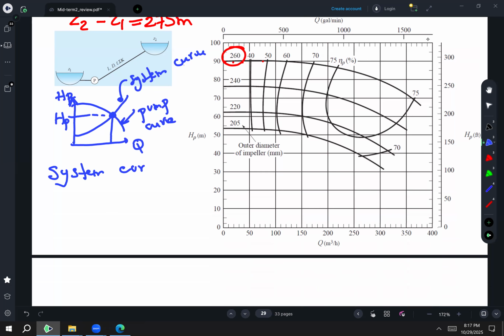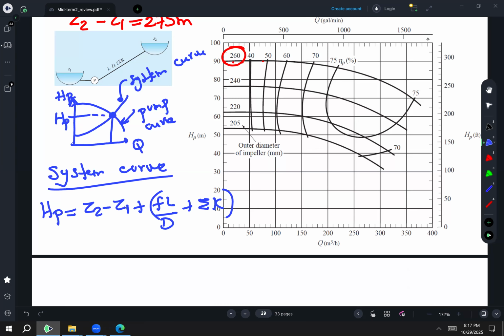The system curve or hydraulics curve is obtained by the formula HP is equal to zeta 2 minus zeta 1 plus F L over D plus sum of K times Q square divided by 2 times gravity times area square.